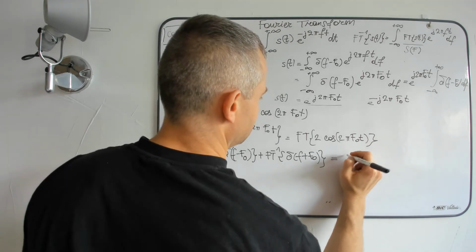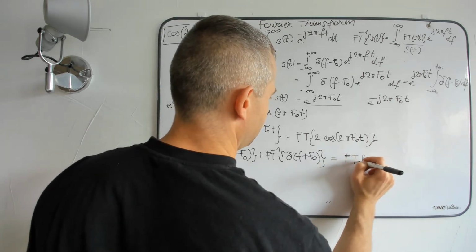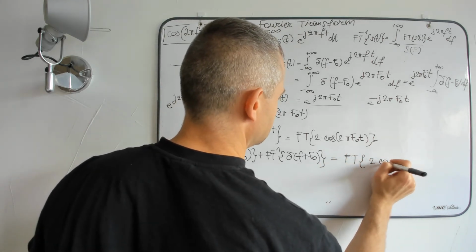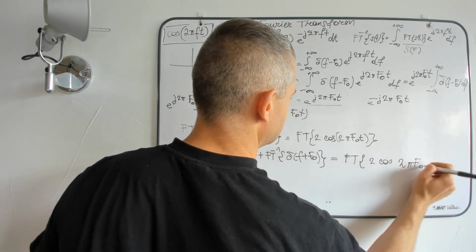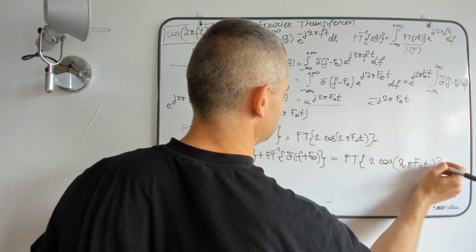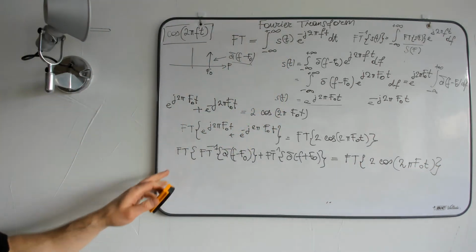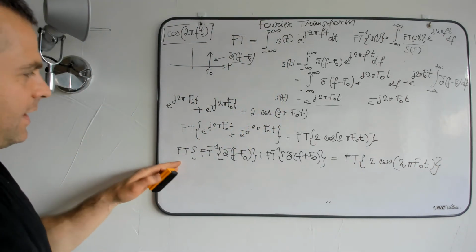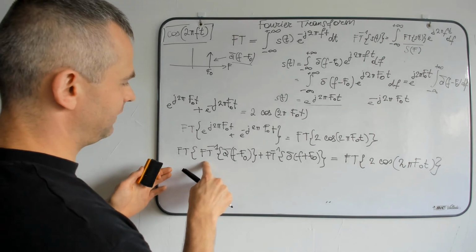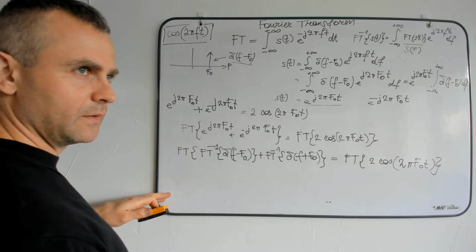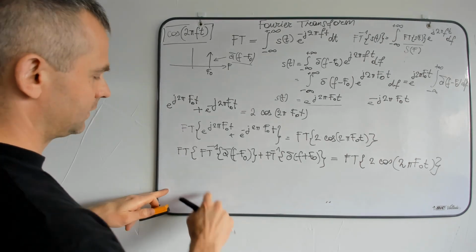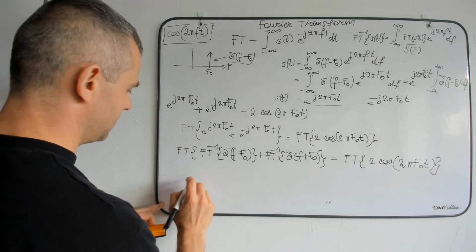It's equal to the Fourier transform of 2 cos 2 pi f0 t. But what's FT of FT^-1? It's 1.